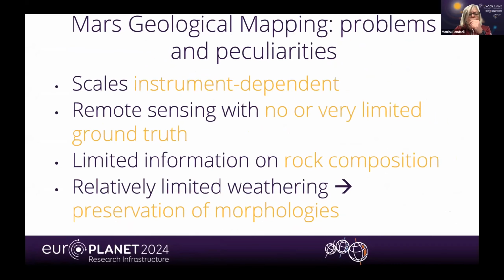That said, we have to say that mapping Mars has problems and peculiarities. I must say that most of these points are actually not only for sedimentary rocks, and sometimes not even just for Mars. First of all, scales are instrument dependent.